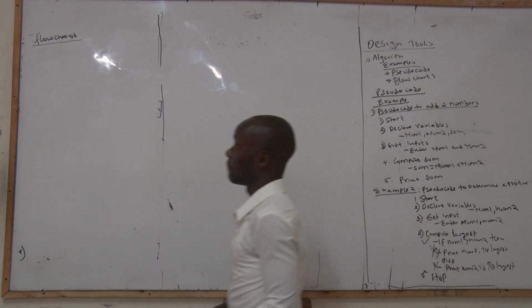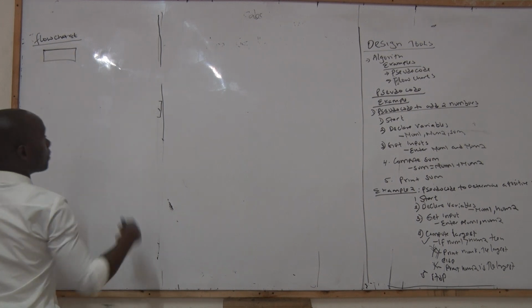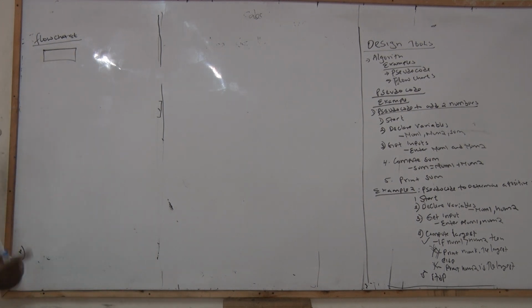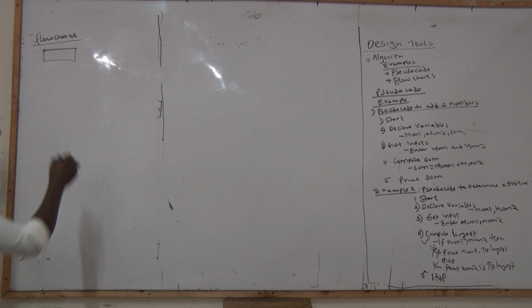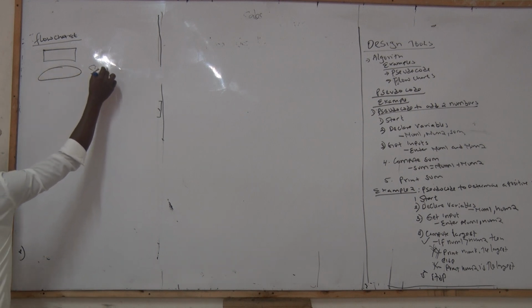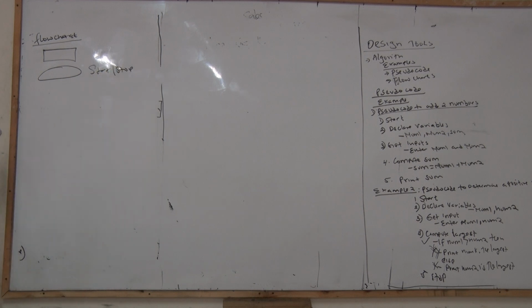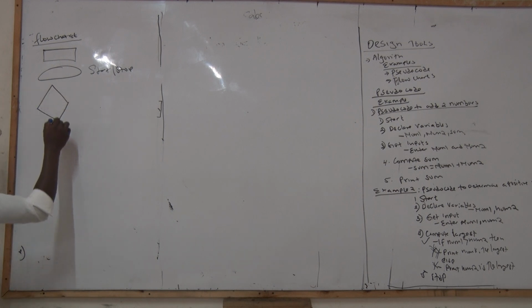Basically there are basic symbols. One is a small rectangle for process activity, if you are transforming data. Another is this shape, which means start activity or stop activity. Whenever you start and stop you have to use that particular symbol. Then you have a diamond, which refers to decision or making choices.